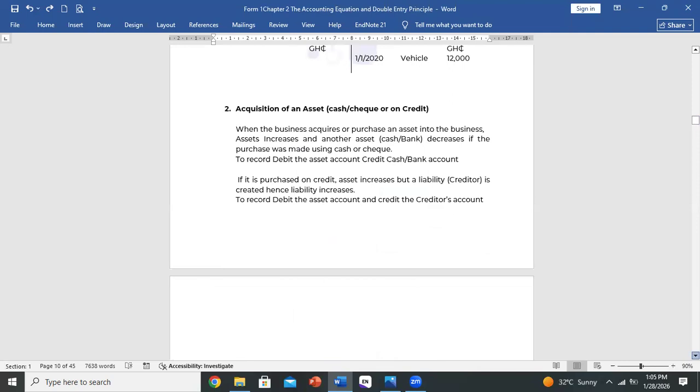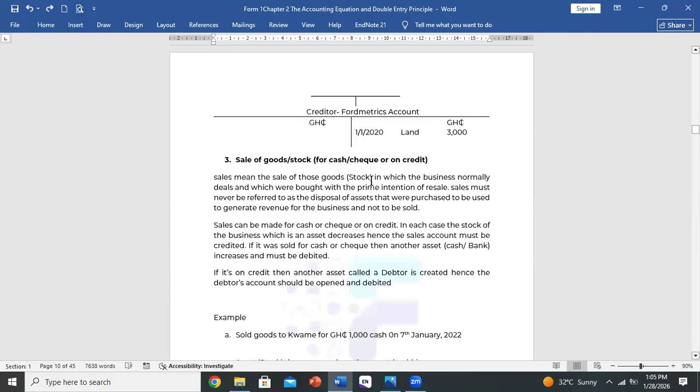Then we look at the third one, which is sale of goods. When the business sells goods, whether they sell it on credit or they took cash or check. Then the fourth one is purchase of goods, when the business is purchasing goods.